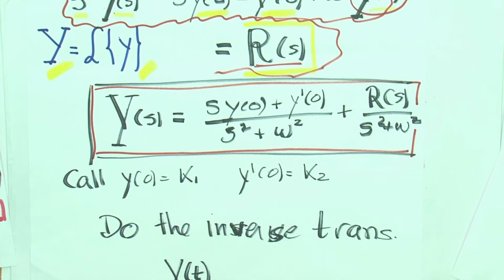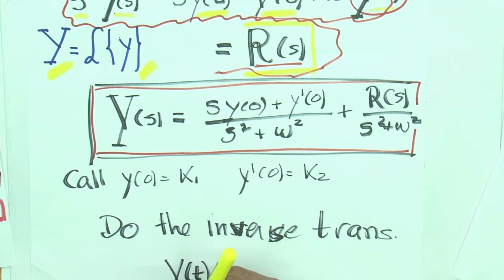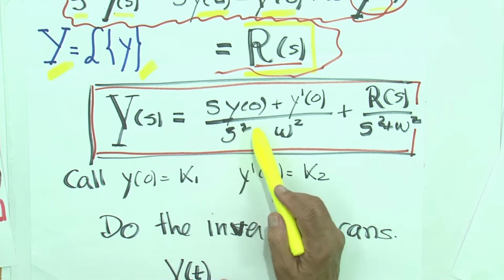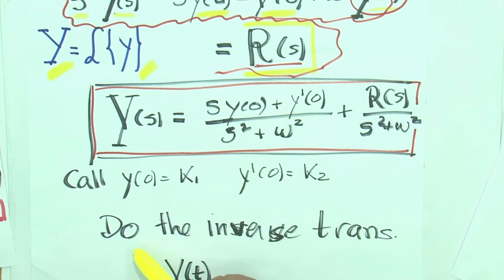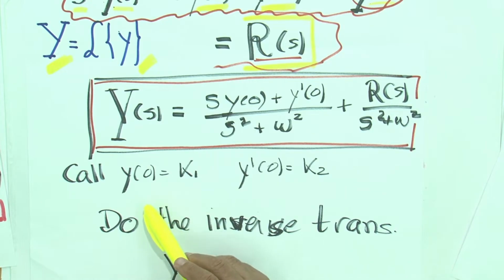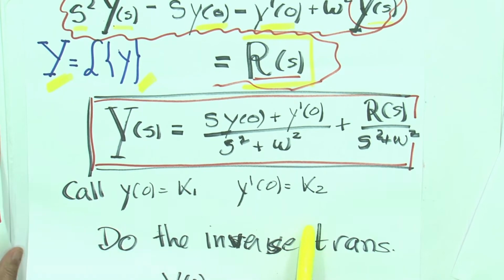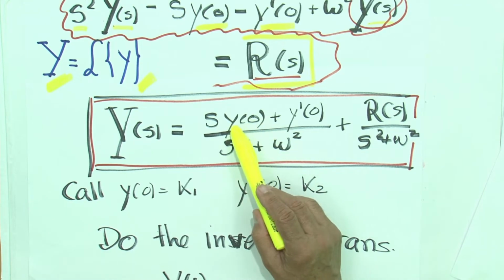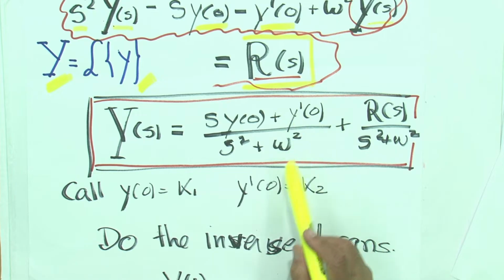Now we just need to apply the inverse Laplace transform, or just identify here what is what. The small y of 0 and the small y prime of 0 are two values.